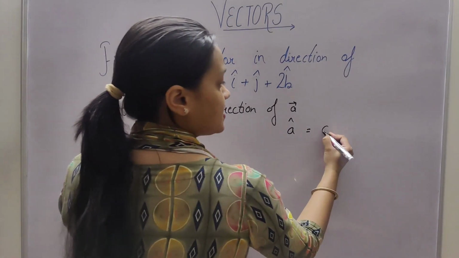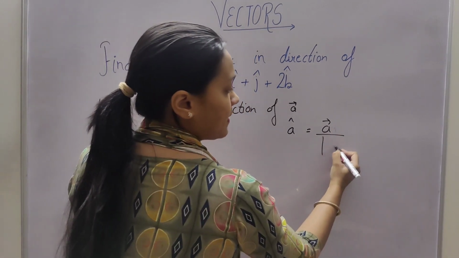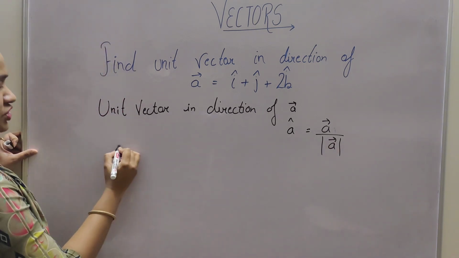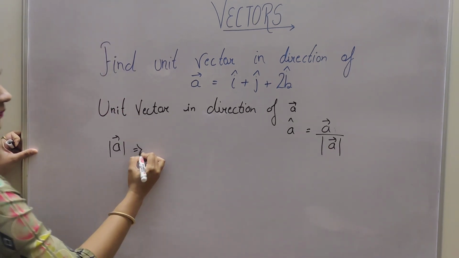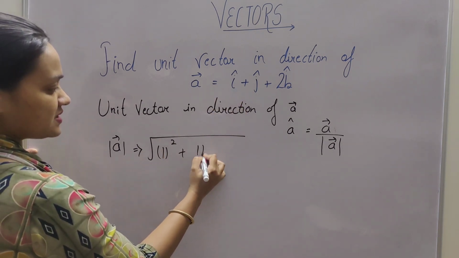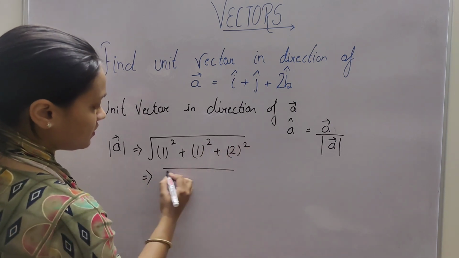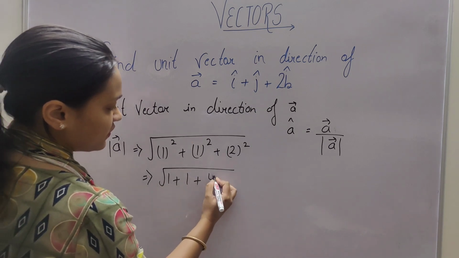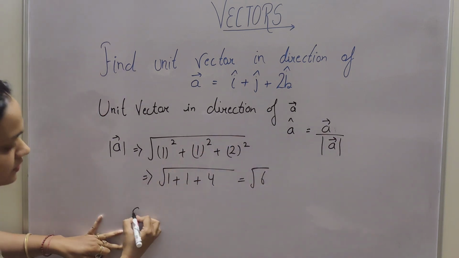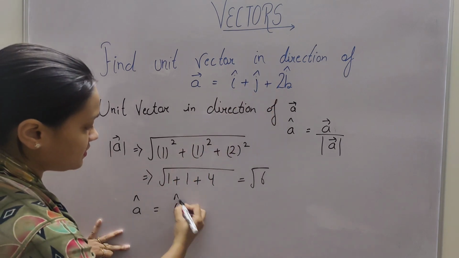And its formula is vector of A upon magnitude of A. So firstly we have to calculate the magnitude of A, which is 1 square plus 1 square plus 2 whole square, which comes to 1 plus 1 plus 4. And the value comes root of 6. So putting these values in this equation, you get your unit vector. Write this equation first.